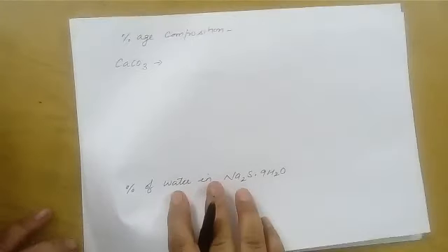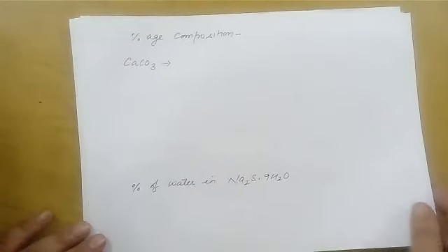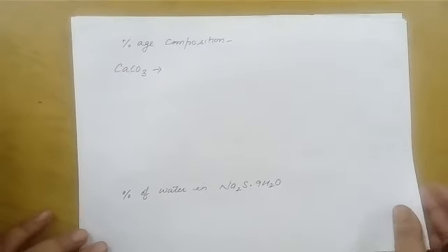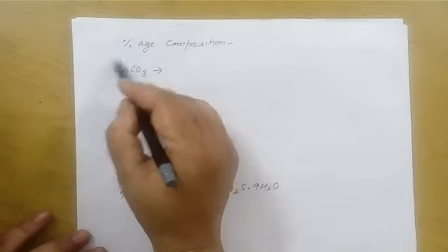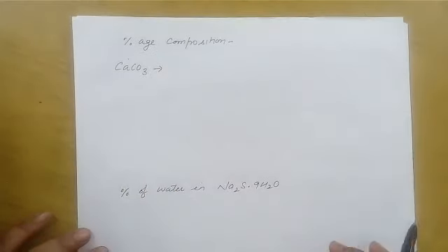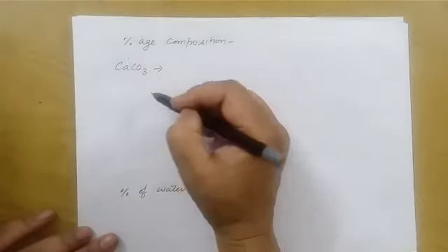The next topic, what is percentage composition of an element, how much percentage of a particular element is there in the whole compound. Now how to find the percentage composition?